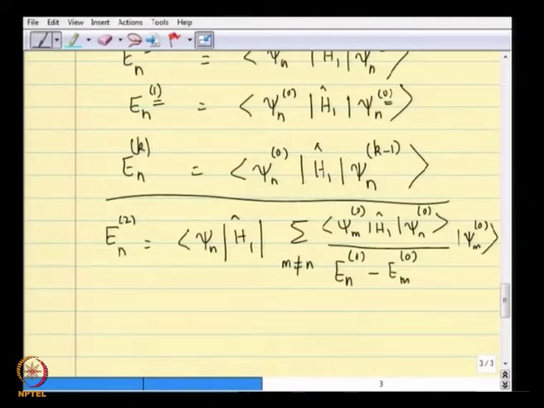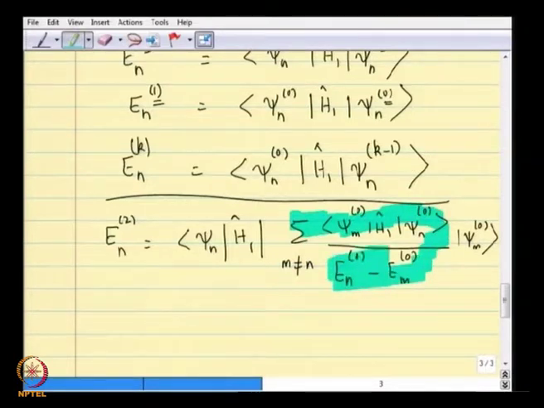Okay. This whole thing that you see is a complex number or real number depending on the value of this matrix element summed over.